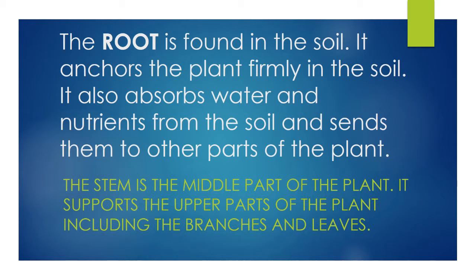It anchors the plant firmly in the soil. It also absorbs water and nutrients from the soil and sends them to other parts of the plant. The stem is the middle part of the plant. It supports the upper parts of the plant, including the branches and leaves.